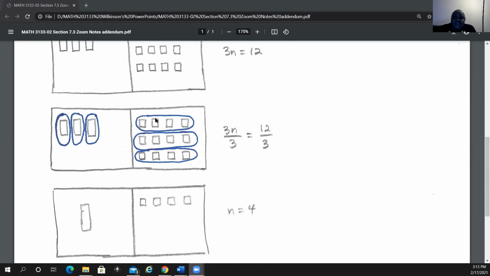For every one n tile, I need to divide those 12 equally into 3 groups. For each group, for each n tile, there must be 4 one tiles. So that represents n equaling 4.